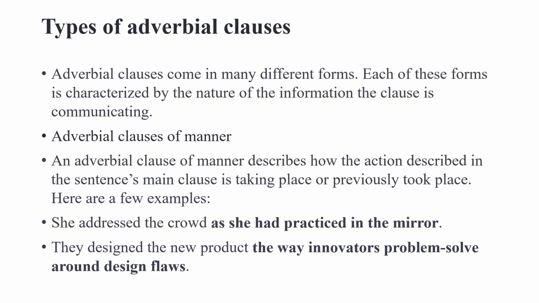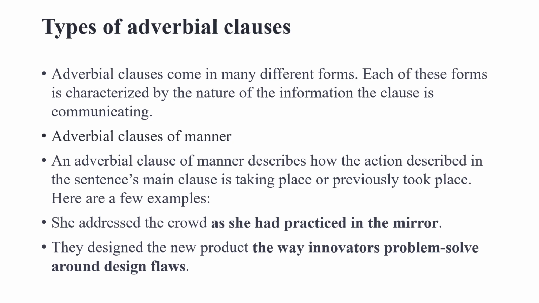She addressed the crowd as she had practiced. In the manner, how she addressed the crowd. So it is answering the question how. As is a subordinating conjunction and it is a dependent clause. So we have an adverbial clause.